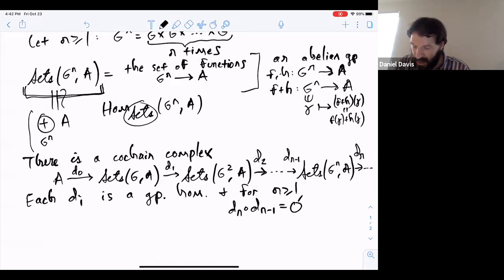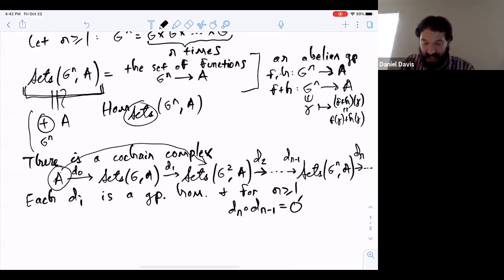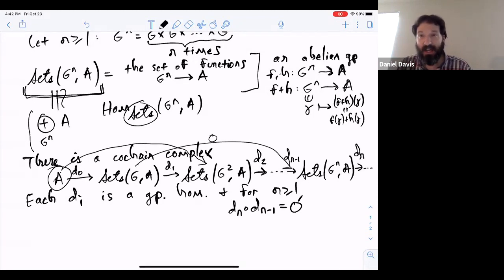So what we're saying here is that if we take this composition, it's just the homomorphism that sends everything in A to 0. Okay, if we take this composition, it again is the zero homomorphism. So every element in here goes to 0, and so on.